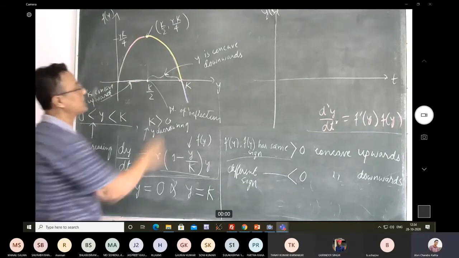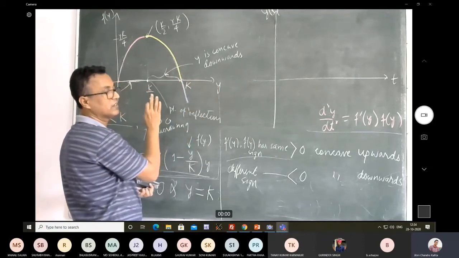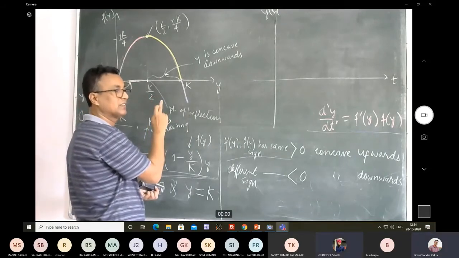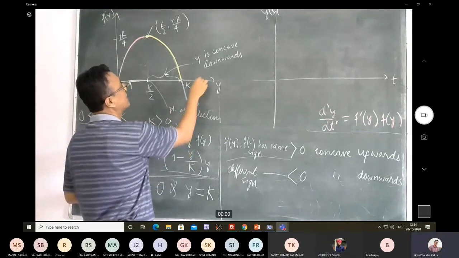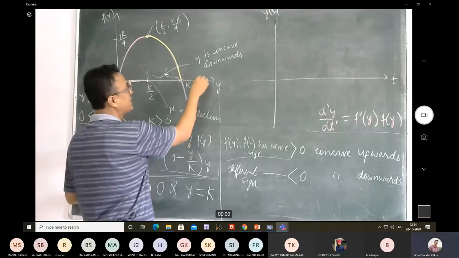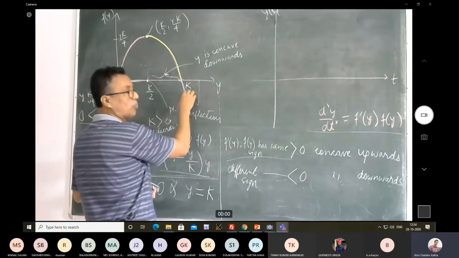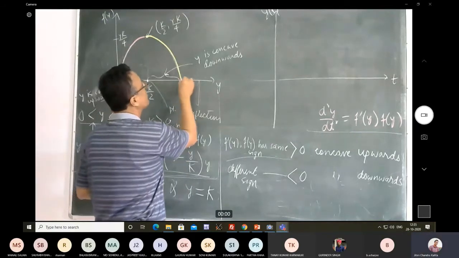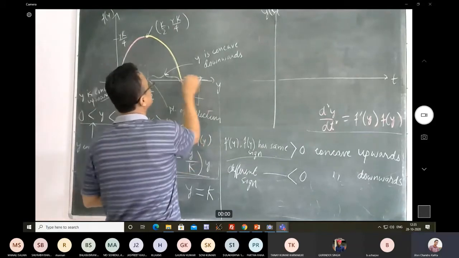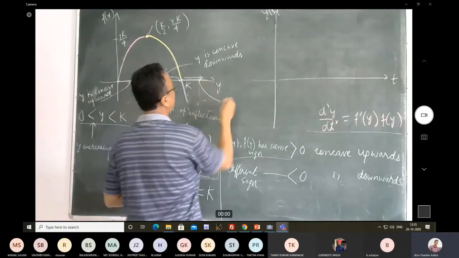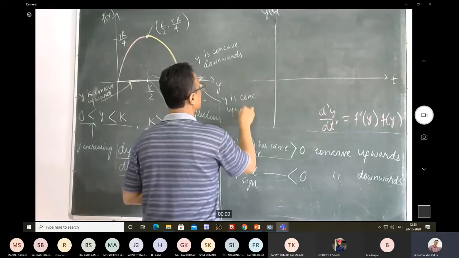Here I am not looking for y positive or negative, I am looking for f prime y and f y. Here f y is negative, because the vertical axis is f y, and this function is monotonically decreasing, so both of them are negative. So beyond this, in this range, again y is concave upwards.